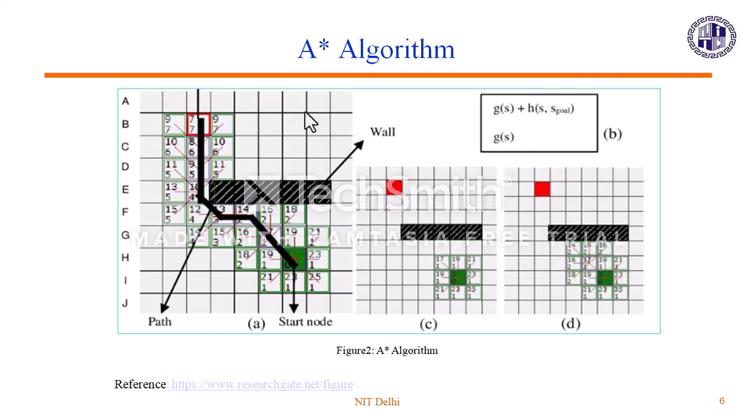And we have to select the minimum. The minimum will take us faster to the goal node. So we go along diagonally and choose the diagonal node. This process repeats until we reach the goal node.